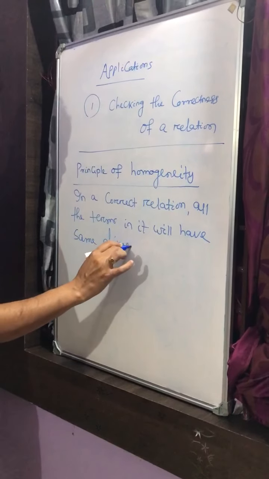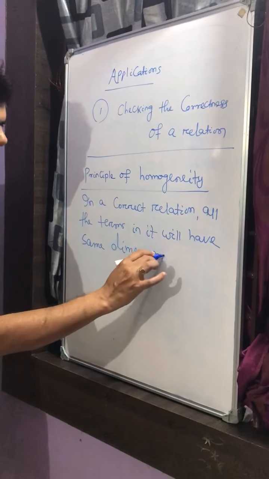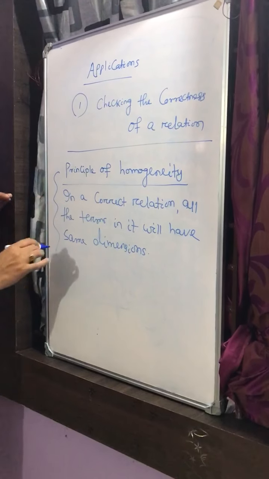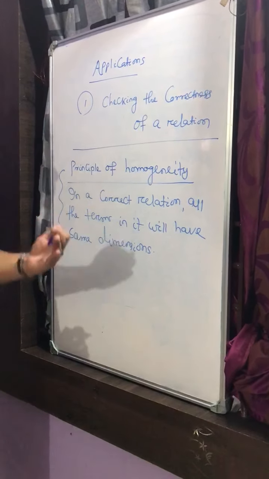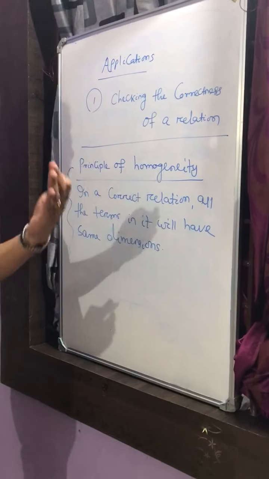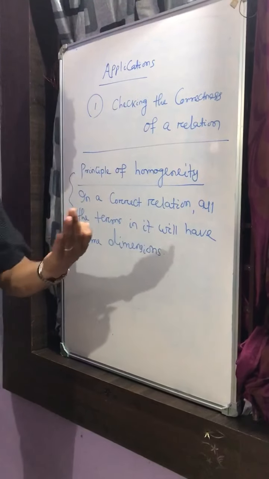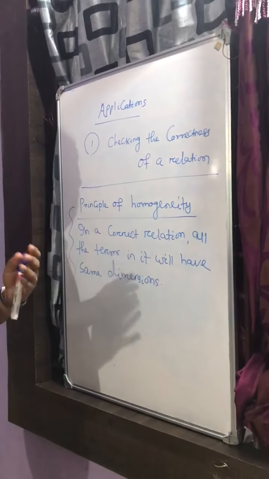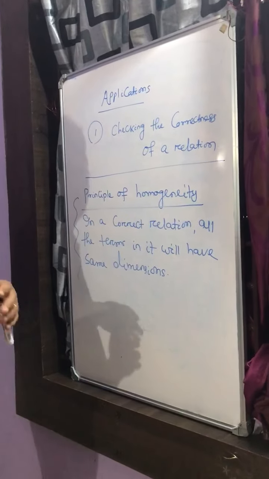That means only similar physical quantities can be added. When I add, I can add a length with a length. When I add, I can add a time with a time. When I subtract also, I can do the subtraction between two similar quantities only.